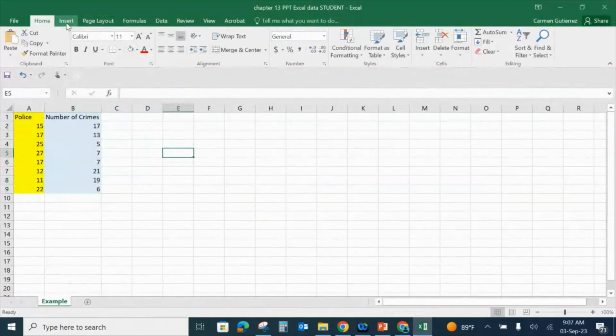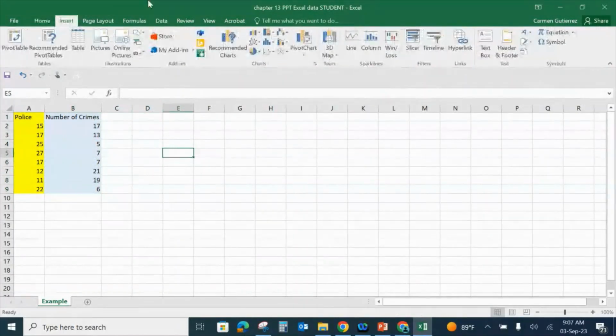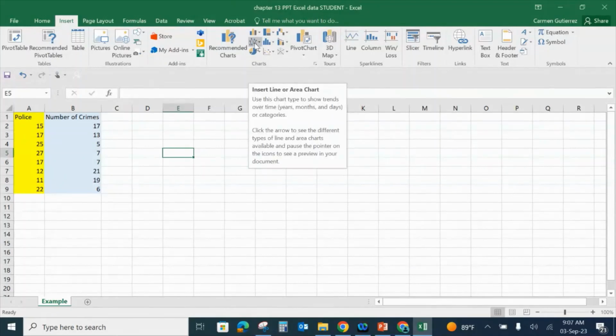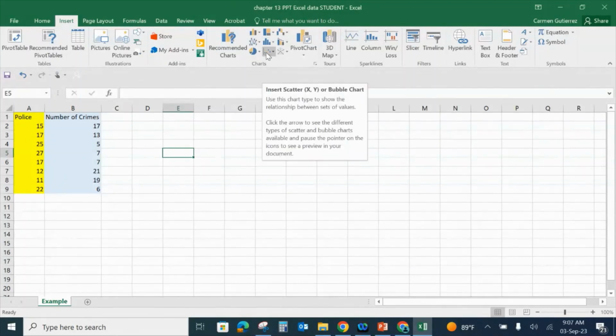All right. The scatter diagram is in your Insert. Insert, and then the scatter. You have many choices for the graphs. The scatter diagram is right here. If you don't know which one it is, put your mouse on each of the graphs and it will tell you what it is with a little explanation. So you want the scatter diagram.